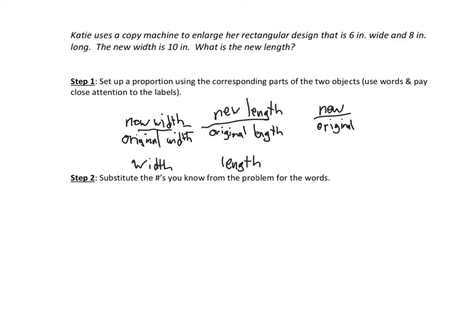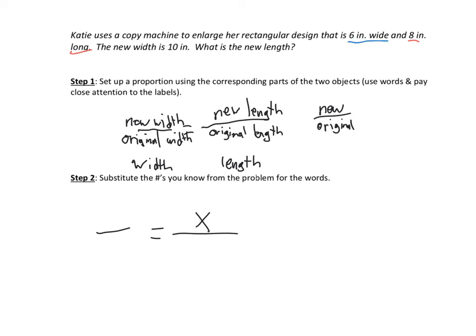So now step 2, we're going to substitute what we know, meaning the numbers. We're looking for the new length, so that's always going to be our x, what we're looking for. We can see up in the problem a few different things. The original length, 8 inches long. We have 6 inches wide.